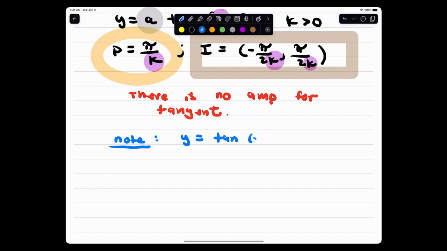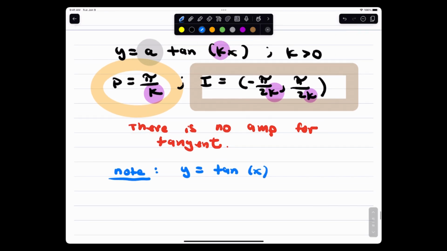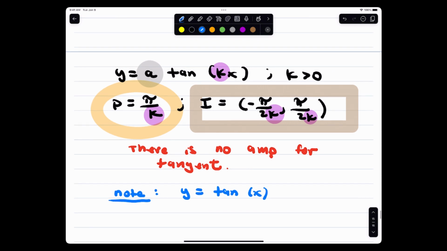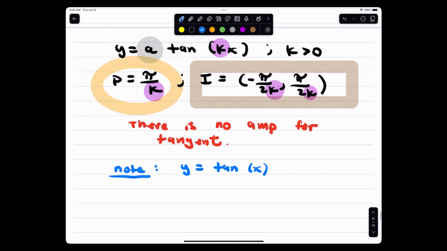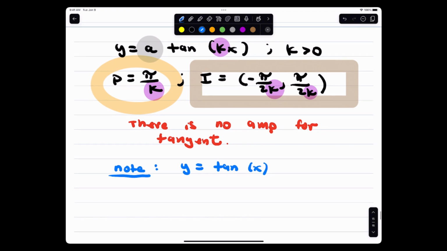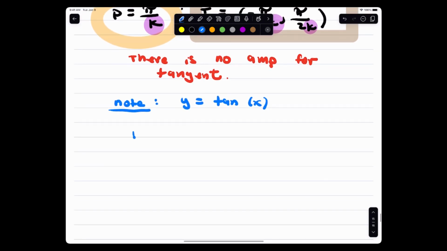Just the tangent curve, y is tangent of x. Just this. K value is 1. Is that true? Your period is pi, and the interval of one cycle is minus pi over 2 and plus pi over 2.